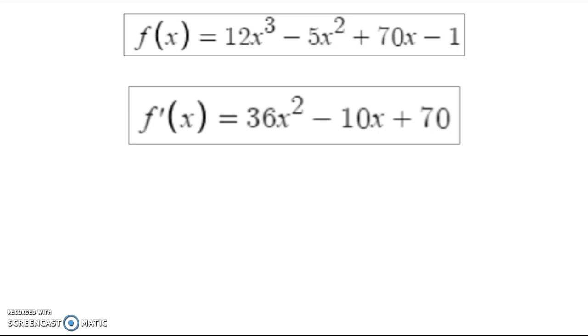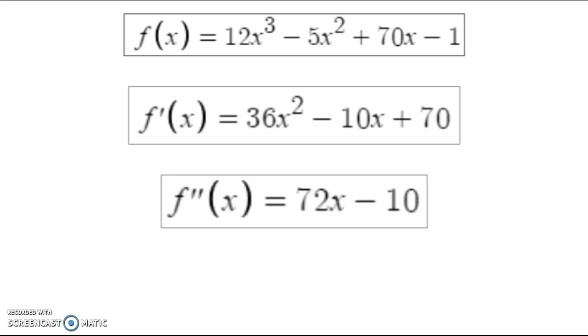Negative 5 times 2 is negative 10, and 2 minus 1 equals 1. 70 times 1 is 70, and 1 minus 1 equals 0. Finally, negative 1 times 0 is 0. After we simplify, the first derivative of f of x is 36x squared minus 10x plus 70.